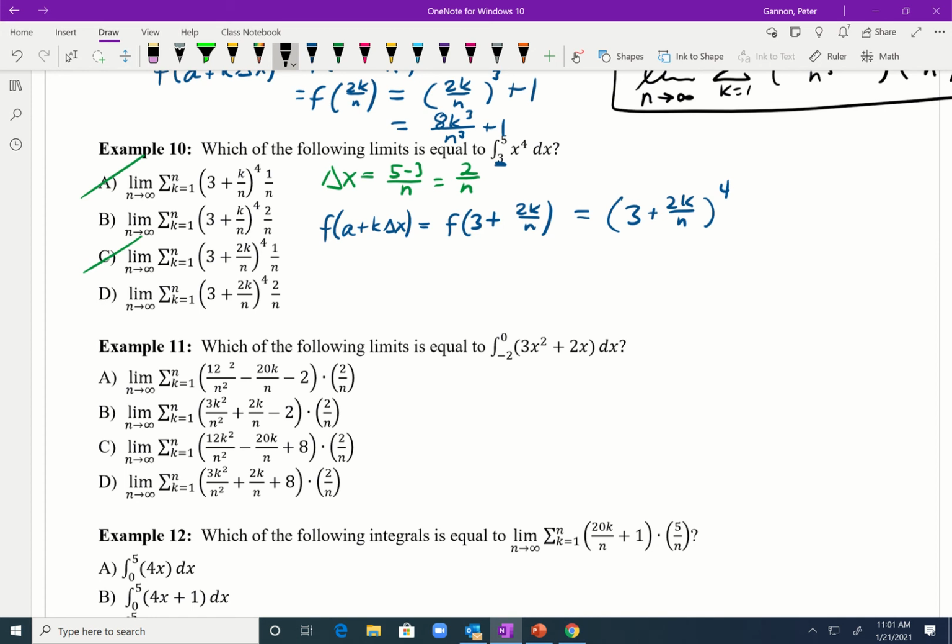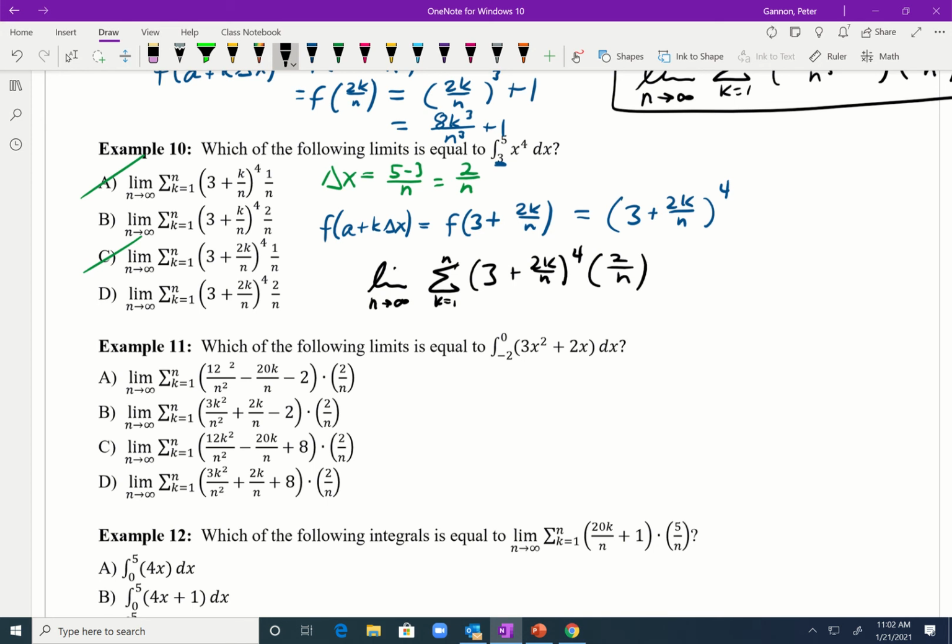So that's how the answer choices are written. If I were to write this out, we'd have the limit as n approaches infinity of the sum from k equals 1 to n. All right, here is our f of a plus k delta x, so 3 plus 2k over n to the 4th power, and then our delta x is 2 over n.